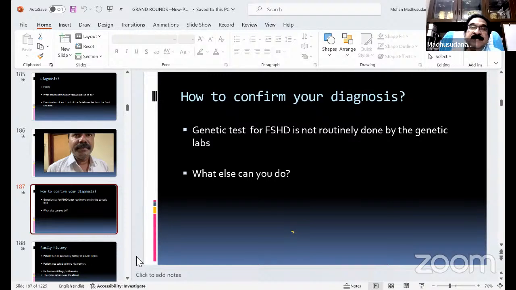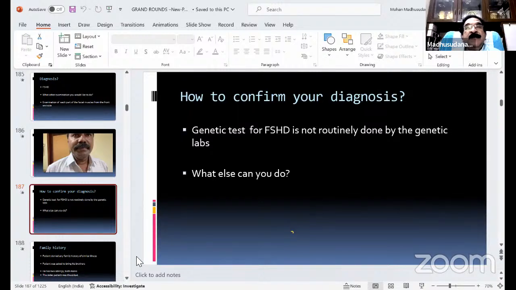In rhomboid weakness, again the scapula will move away from the spine, but here the lower angle will wing, and it is made prominent by asking them to do the rhomboid muscle testing, pushing backward in the abduction position. In the case of serratus anterior weakness, the scapula will move medially, while the other two will move laterally. Here the scapula will move medially towards the spine, and the wing will be more on the inferior angle, and it is made more prominent by pushing against the wall.